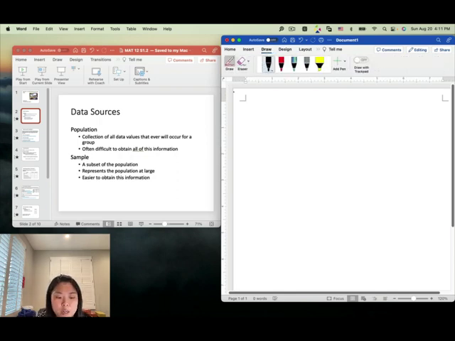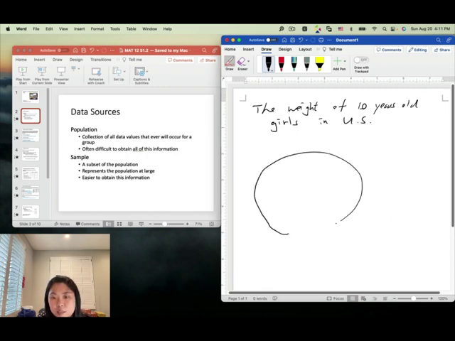For example, we would like to collect the data for the weight of 10 years old girls in the United States. So I would say this is all the 10 years old girls in the United States.